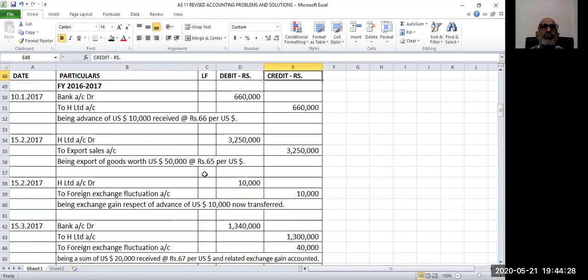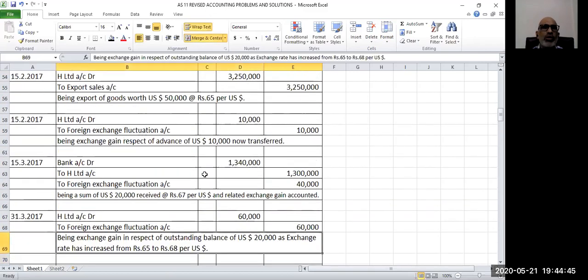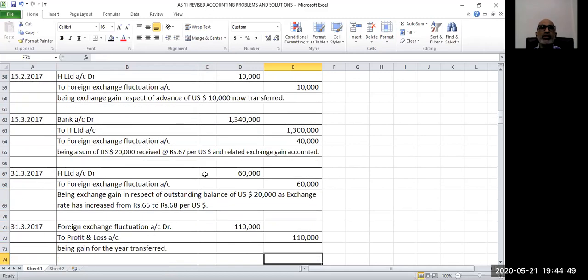If you start from first entry, the first entry was for advance, then we had a gain of 10,000. Then we had another gain of 40,000 rupees when the money was received on 15th of March, and then 10 plus 40, that is 50,000, and one more gain at the end of the year, which is 60,000. Aggregate amount of gain for the year is 110,000.